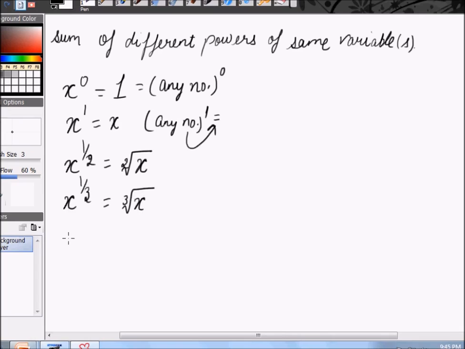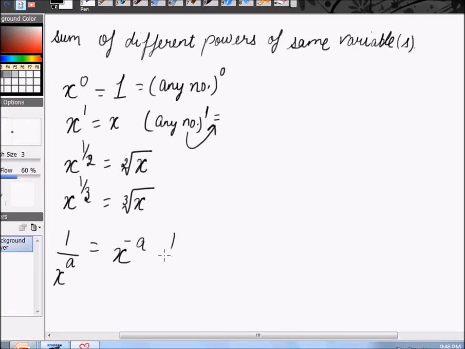Now, in general situations, we sometimes encounter an expression where the numerator is 1 and we have a power term in the denominator. To bring such a term into the numerator, just negate the power sign.